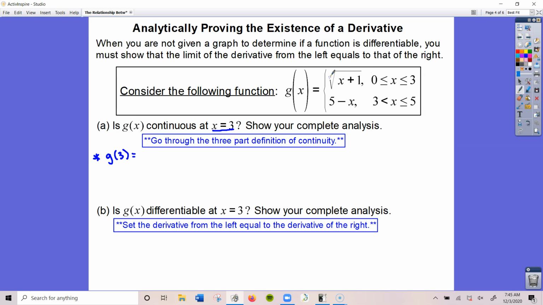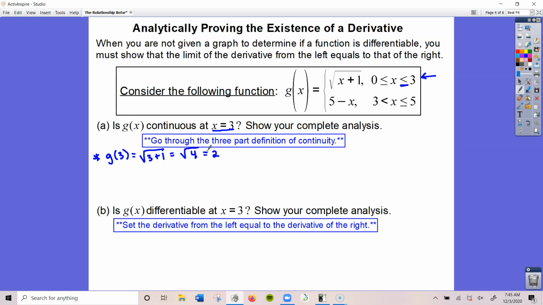I look here at my piecewise function, and x is equal to 3 is defined here because of the inequality. So I'm going to plug 3 into this part of my piecewise function. We get the square root of 3 plus 1, which is equal to the square root of 4, which is equal to 2. So that's my defined value.